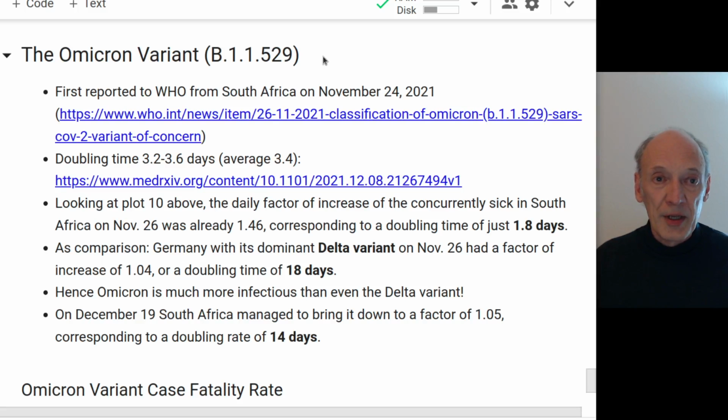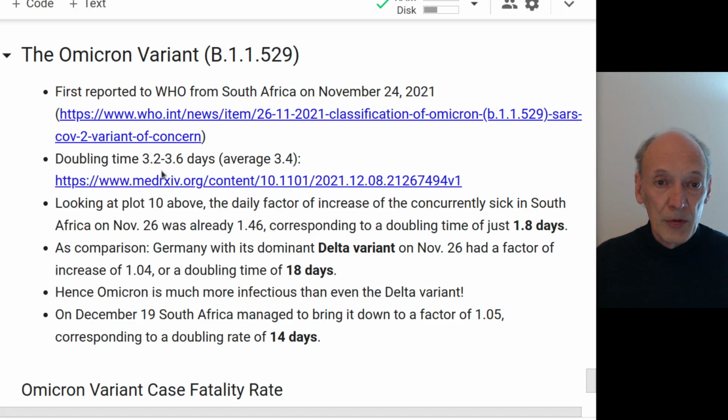Here, some more data on the Omicron variant, which is also called B1.1.529. It was first reported to the World Health Organization from South Africa on November 24th, 2021. So it's not that long ago. You can read it here in this article.